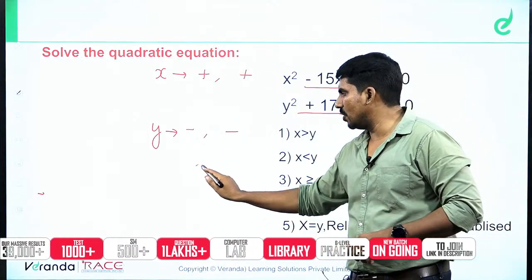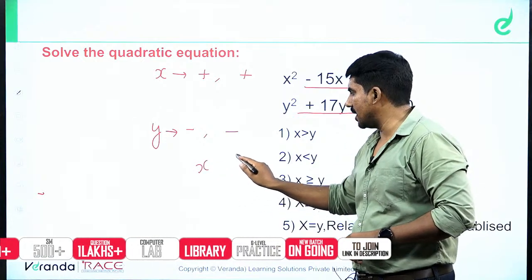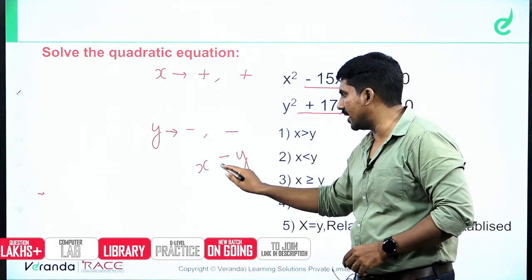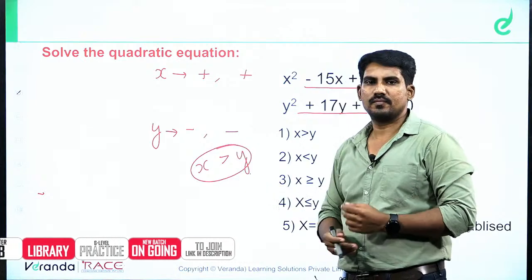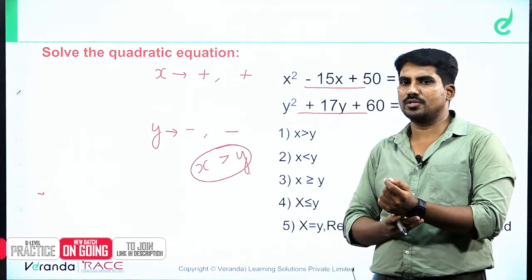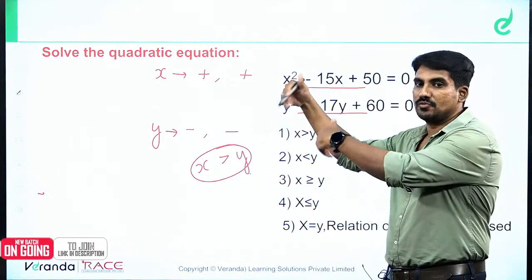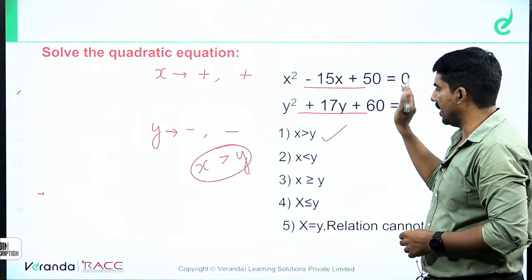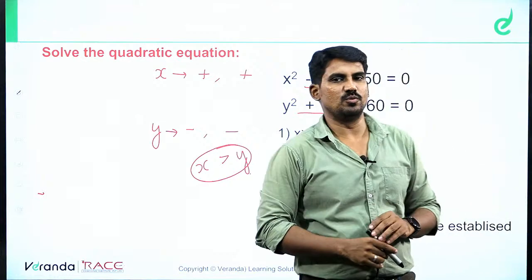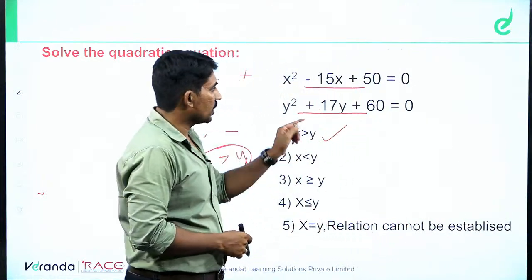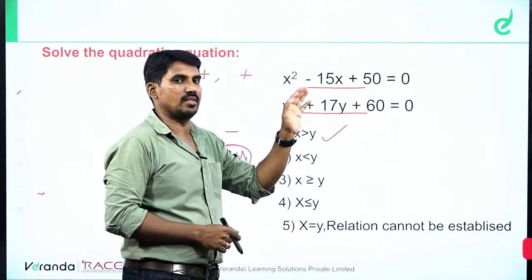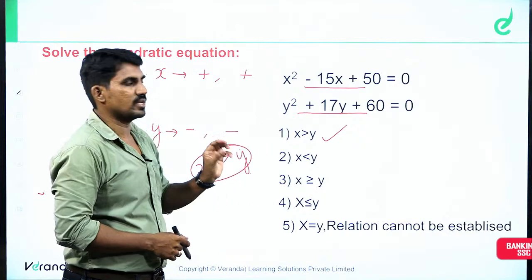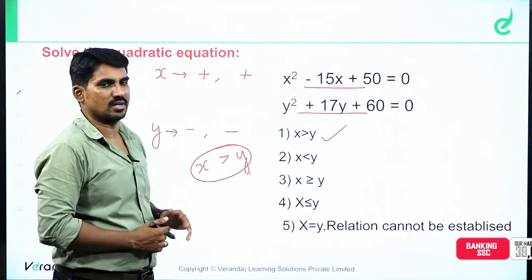Therefore, without finding the roots, shall we say complete positive is greater than complete negative? Therefore, x is greater than y. No need to find the roots. In this situation we can apply that shortcut. Don't forget, if they give this situation in the exam, we can apply the shortcut.